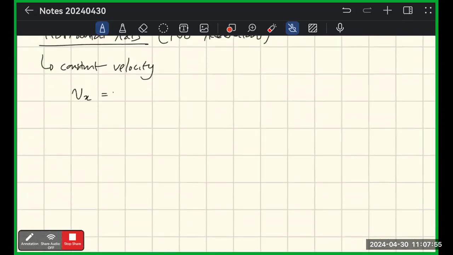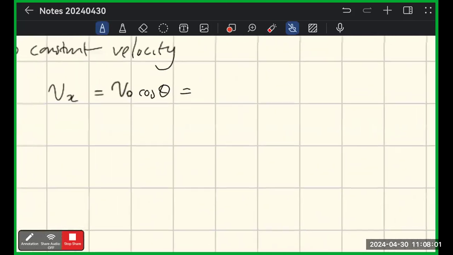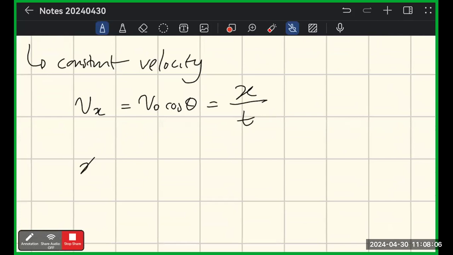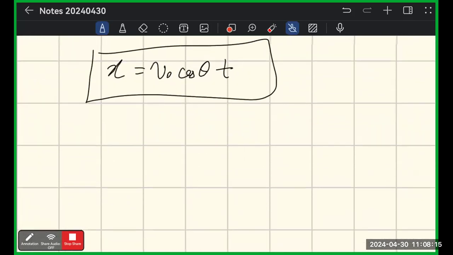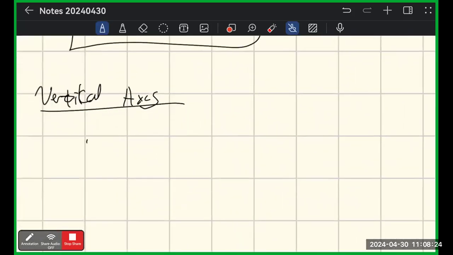So Vx equals v naught cos theta, which equals the distance divided by time, and the distance here is x. So we get that x equals v naught cos theta times time. This is the horizontal axis, and for the vertical axis, we have Vy, which is v naught sin theta.